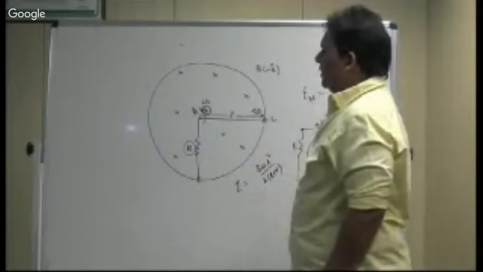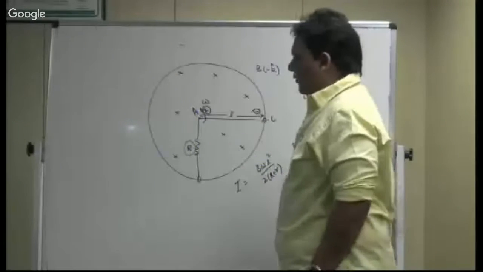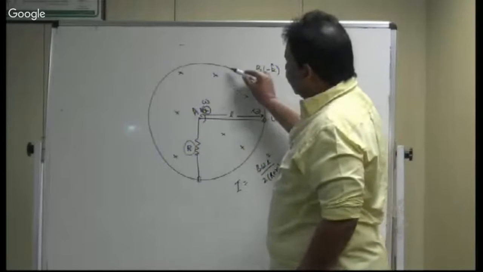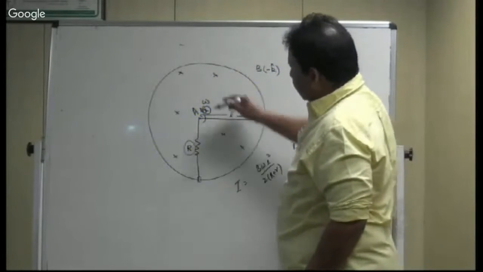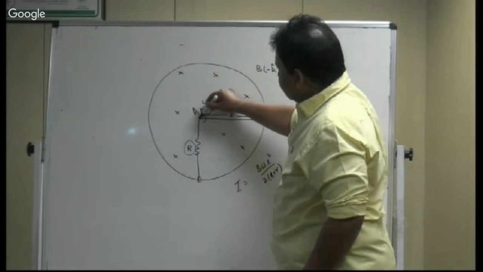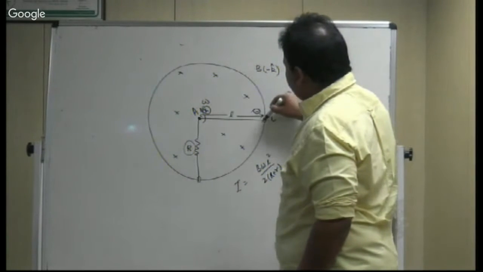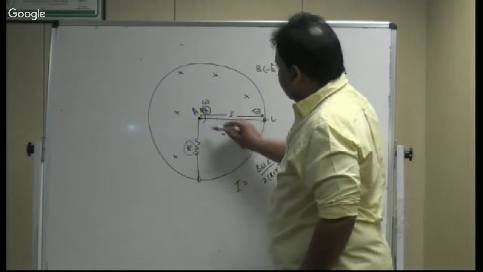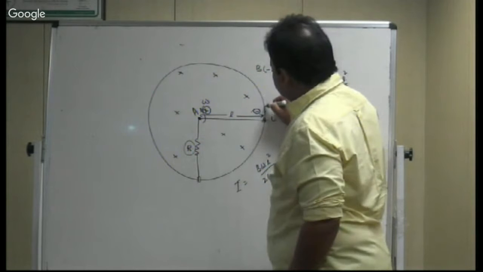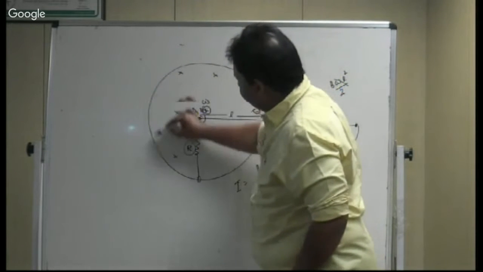Okay. Now listen. The question is that there is a conducting ring. There a rod is connected between the center and the circumference. This end is fixed and this rod can rotate, this rod can slide on the circumference.